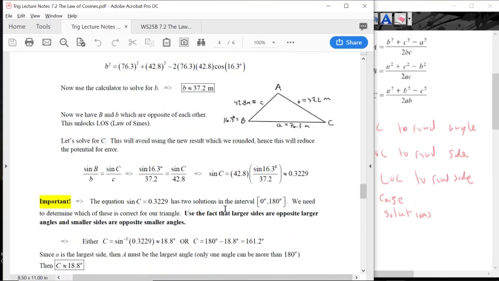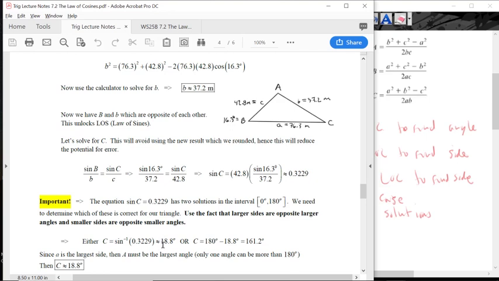However, when we use the arc sine function on the calculator, when we take the arc sine of 0.3229, for instance, the calculator will only give us the quadrant 1 solution. That does not mean that the quadrant 1 solution has to be the correct one. It just means that the calculator only knows how to give us quadrant 1. It doesn't know how to give us quadrant 2.